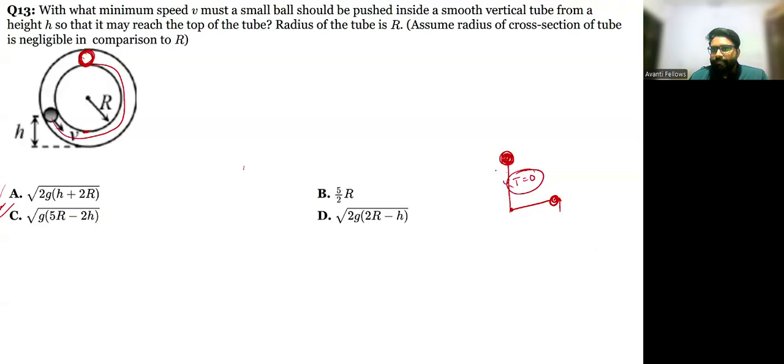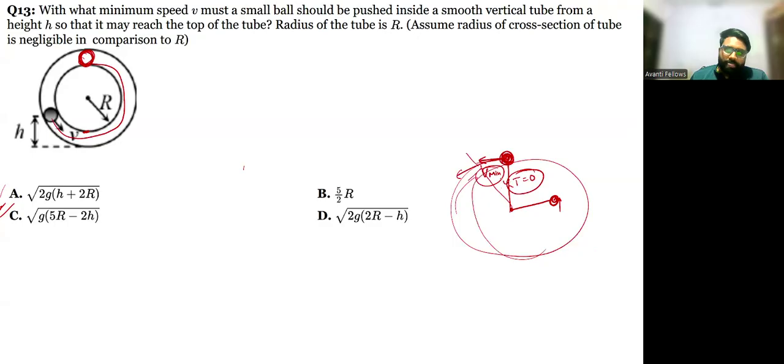But the condition is that velocity will not be zero. So we should have some minimum velocity here so that, due to inertia, it will cross this position and ultimately the tension will come out. So it will complete the circle.